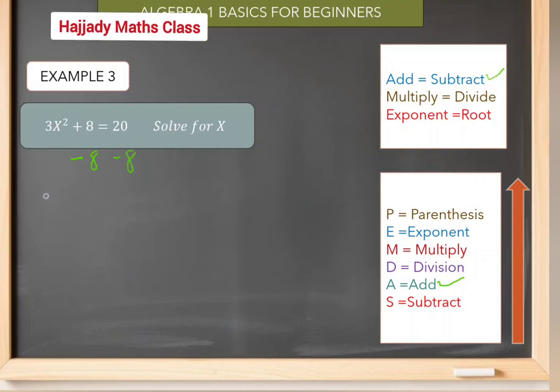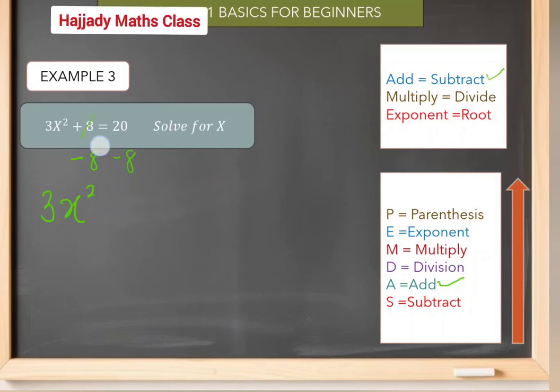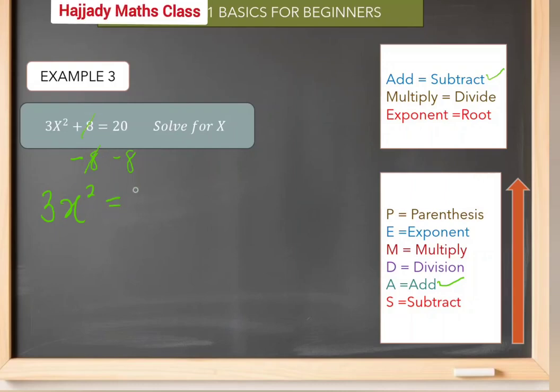And here we have 3x squared, the 8 cancels out this 8, equals 20 minus 8 gives 12. That is done. Now, you ask, do we have division? No. Do we have multiplication? Yes, we have.